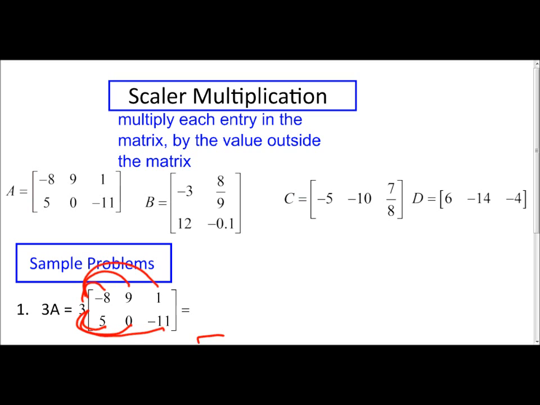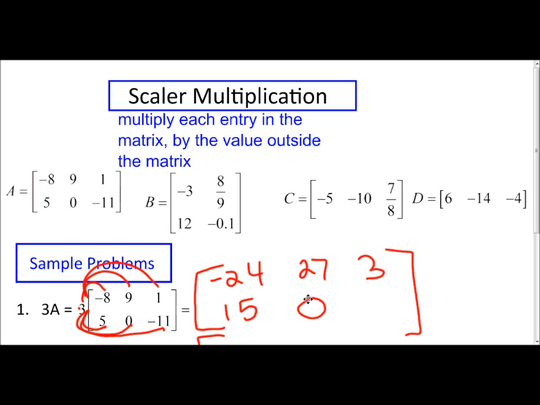So when I do that, I'm going to get 3 times negative 8, negative 24, 3 times 9, 27, and 3 times 1 is 3. And then 3 times 5 is 15, 3 times 0 is 0, and 3 times negative 11 is a negative 33.